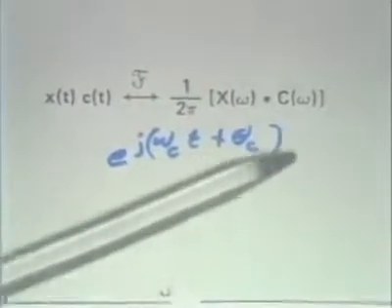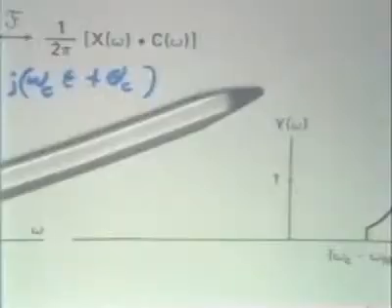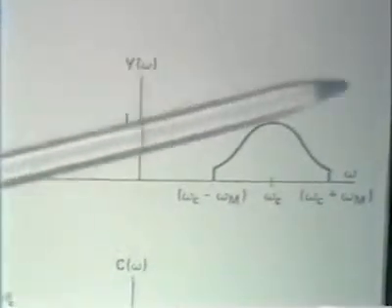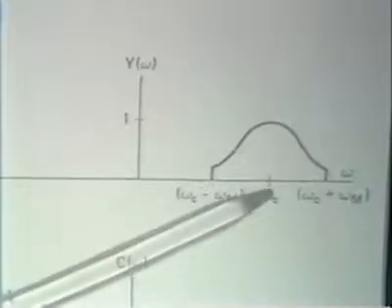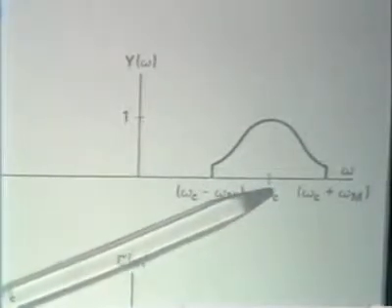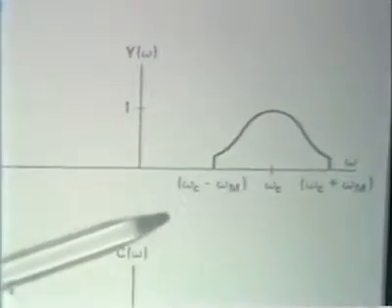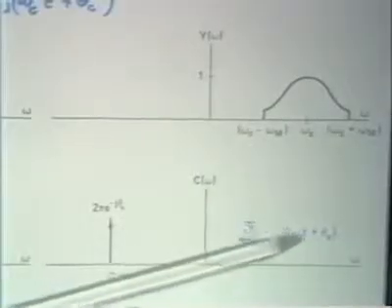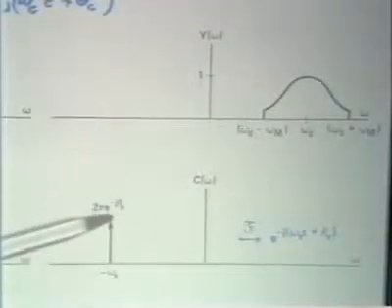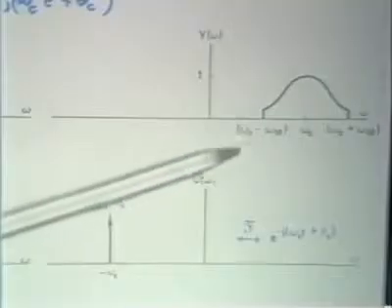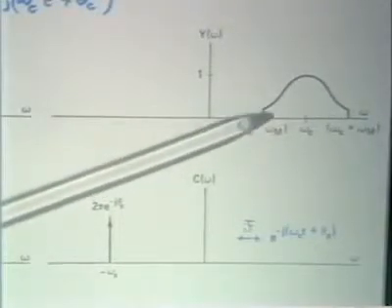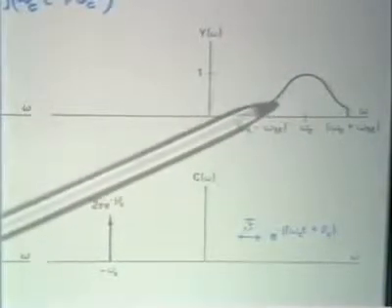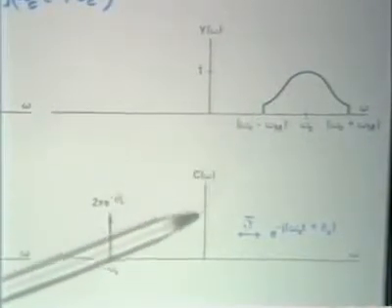Well, let's track that through in terms of the spectra. We have, again, the spectrum of the output of the modulator, which is the original spectrum shifted up to the carrier frequency. We have below that the spectrum of e to the minus j (omega c t plus theta c). And if we now convolve this with this, that results in simply shifting this spectrum, except for an issue of a scale factor, shifting this spectrum back down to the origin.